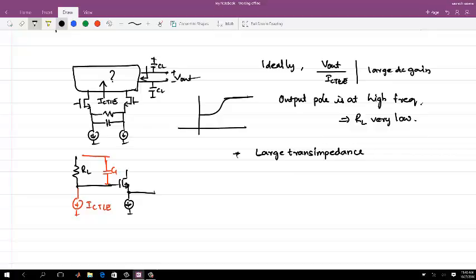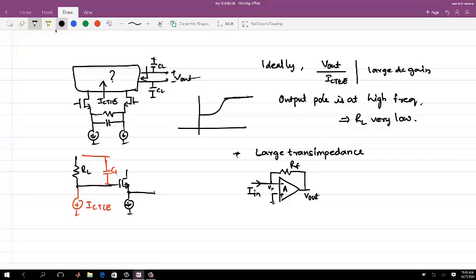And I need a low output impedance of this block. So let's first realize a transimpedance. You have a gain block A, this is negative, this is positive, and let's say here your Iin goes through RF.